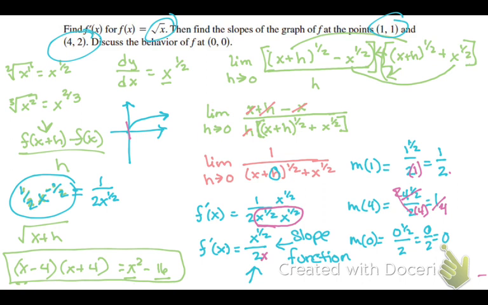And this one wouldn't be 0, it would be undefined, because we're dividing by 0. I was wondering why we got 0 for a slope, because we should have got undefined. And it's undefined because that tangent line right there is vertical, and the slope of a vertical line is undefined.